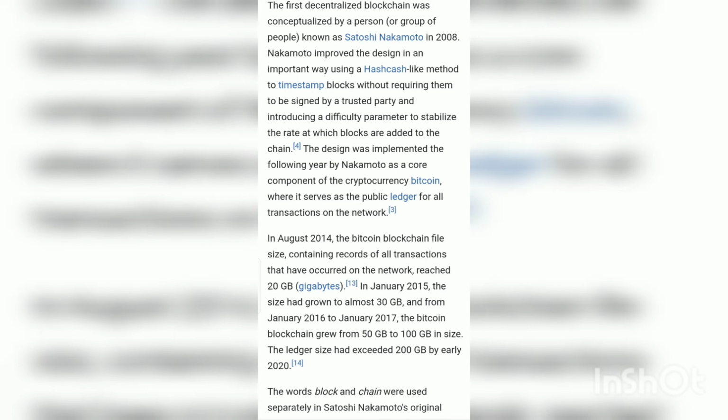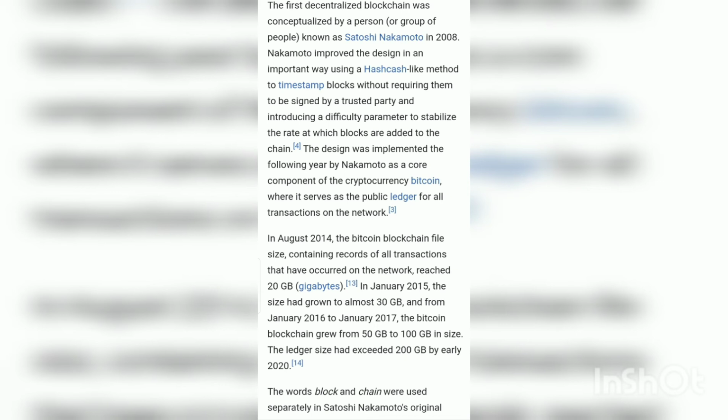In August 2014, the Bitcoin blockchain file size, containing the records of all transactions that have occurred on the network, reached 20 GB. In January 2015, the size had grown to almost 30 GB, and from January 2016 to January 2017, the Bitcoin blockchain grew from 50 GB to 100 GB in size.